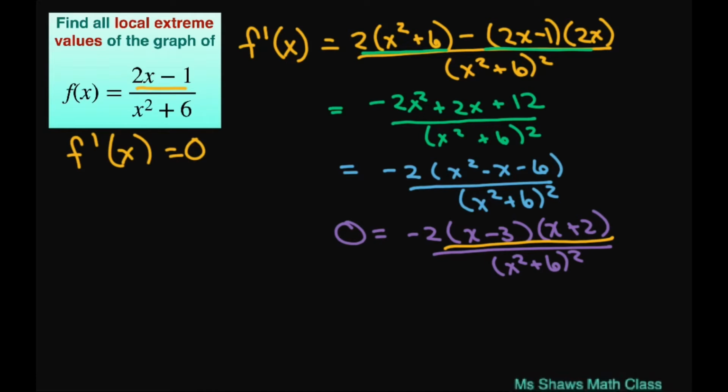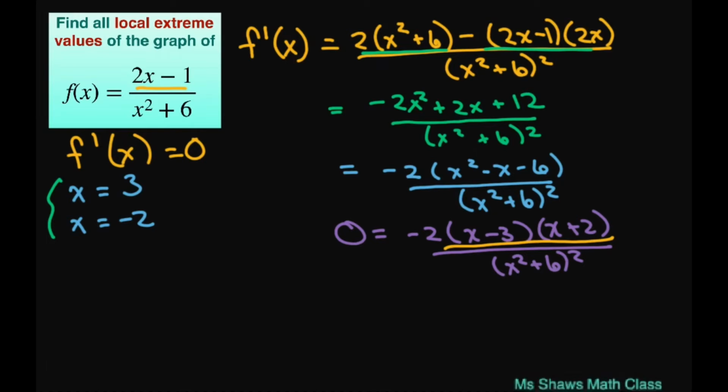We're going to get x equals 3 or x equals negative 2. Now, at these points, we're either going to have a local min or max. And we have to find the values by substituting them in.